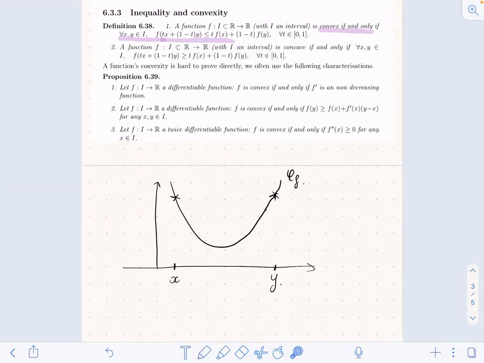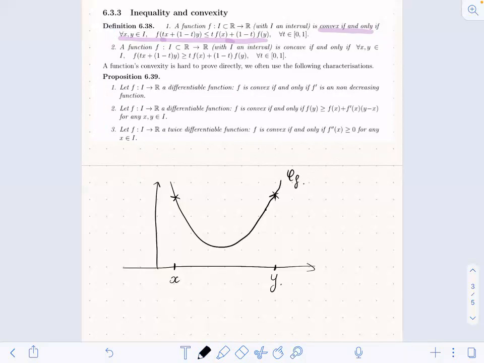Now, that's quite difficult to see with the definition as it is, and it's quite difficult to prove for functions in general under this statement. So there's a nicer proposition that tells us what convexity means. If your function is differentiable, it is convex if and only if the derivative of your function is non-decreasing.